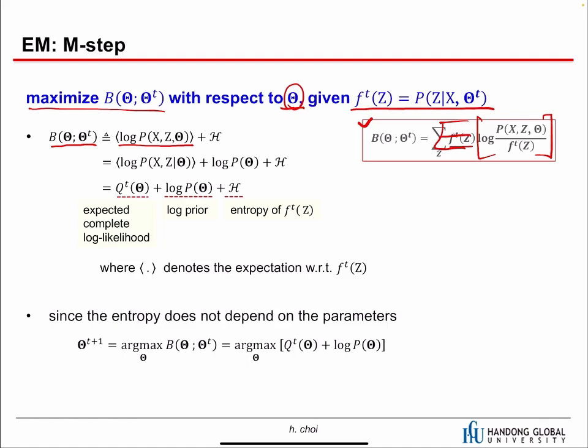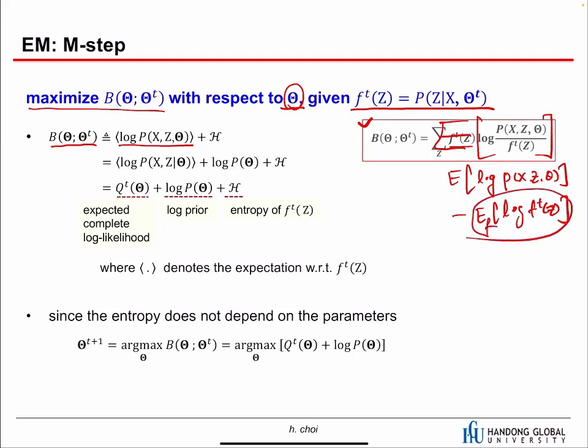In this case, actually, it is the expectation of log p(x, z, theta), and the minus expectation of log f_t(z). This expectation is with respect to f, so this one is actually the entropy. So we have entropy here, and this one is the expectation of this probability, which can be decomposed into these two terms.